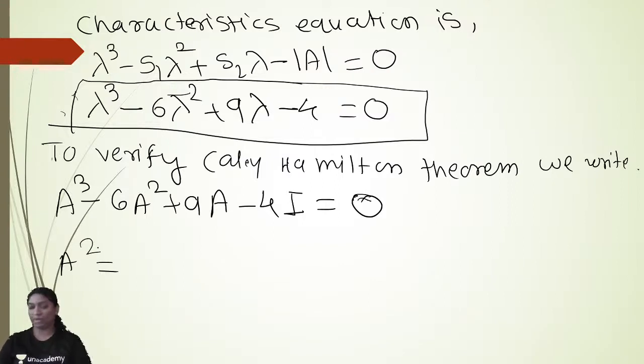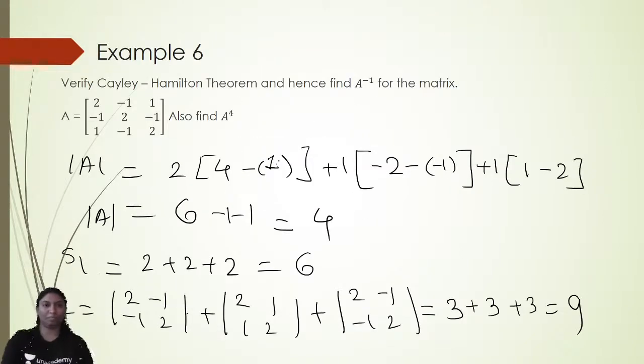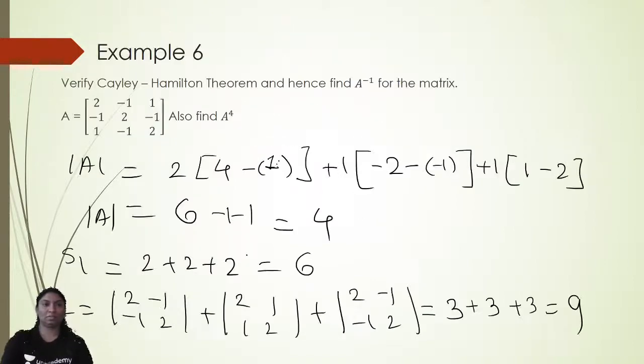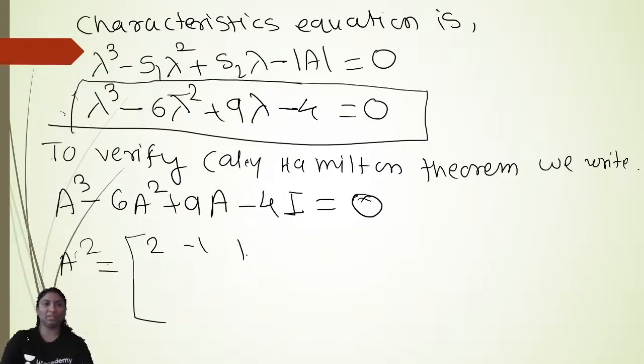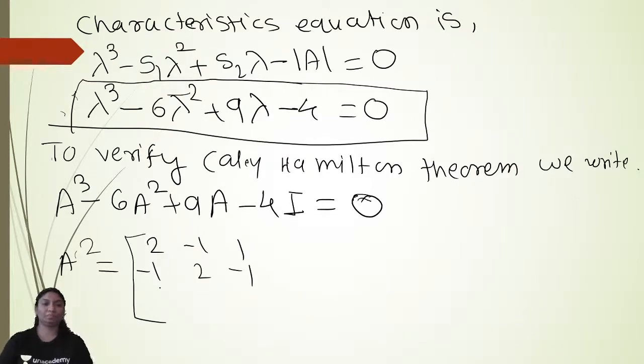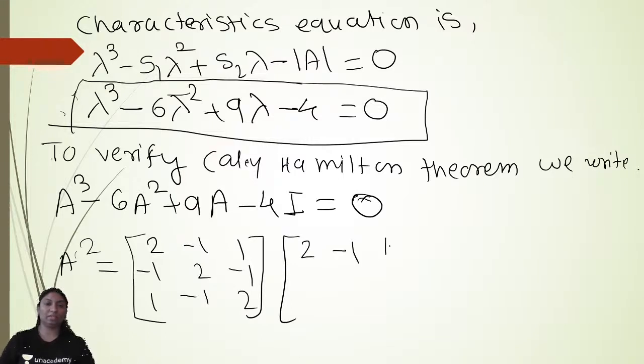So we'll calculate A square, A into A. A is 2 minus 1 1, minus 1 2 minus 1, 1 minus 1 2, multiplied with 2 minus 1 1, minus 1 2 minus 1, 1 minus 1 2.